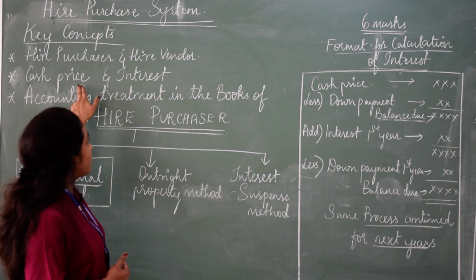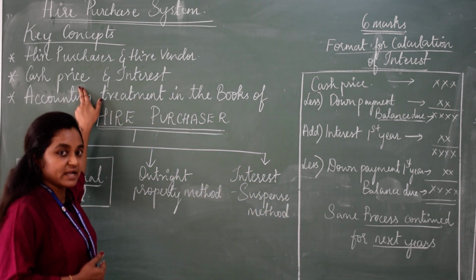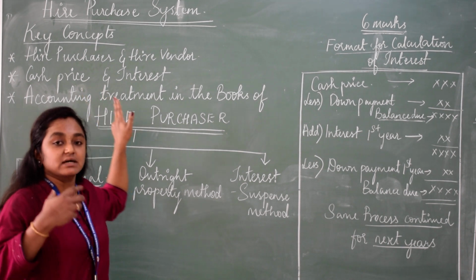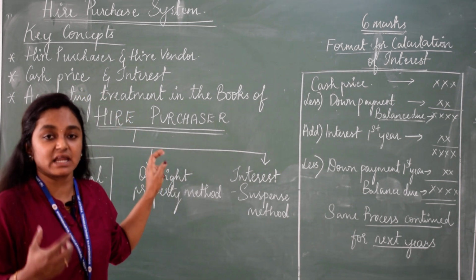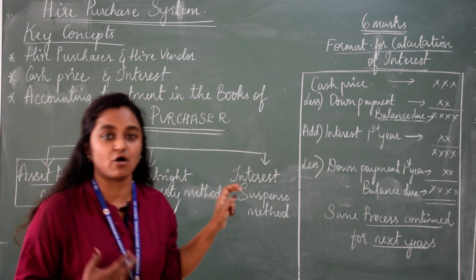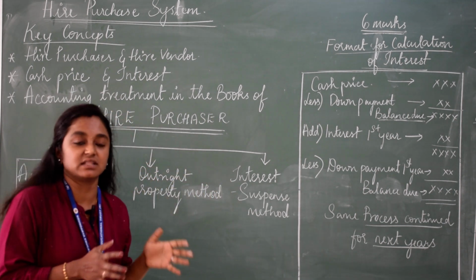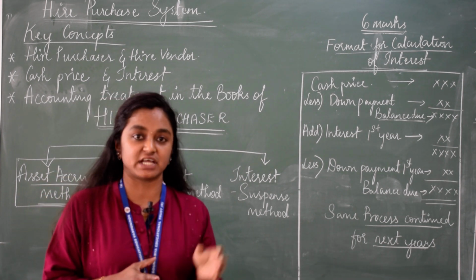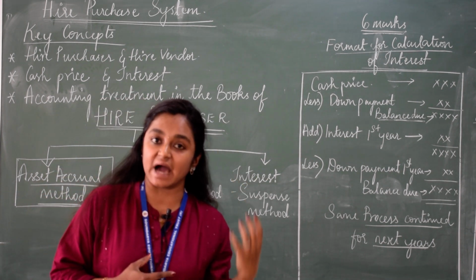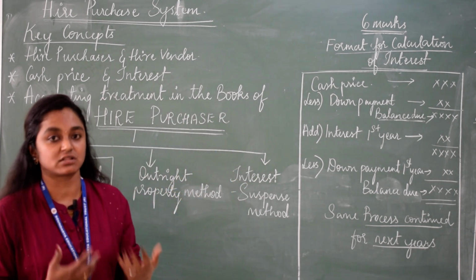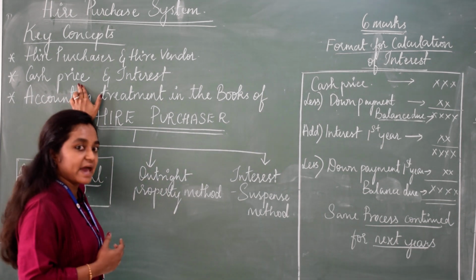Second, you also have to understand what cash price is. Cash price is the price at which the agreement agrees to buy the machinery or the asset. In an agreement, they will clearly mention that the machinery is being hire purchased at 20,000 or 30,000. That becomes the cash price.